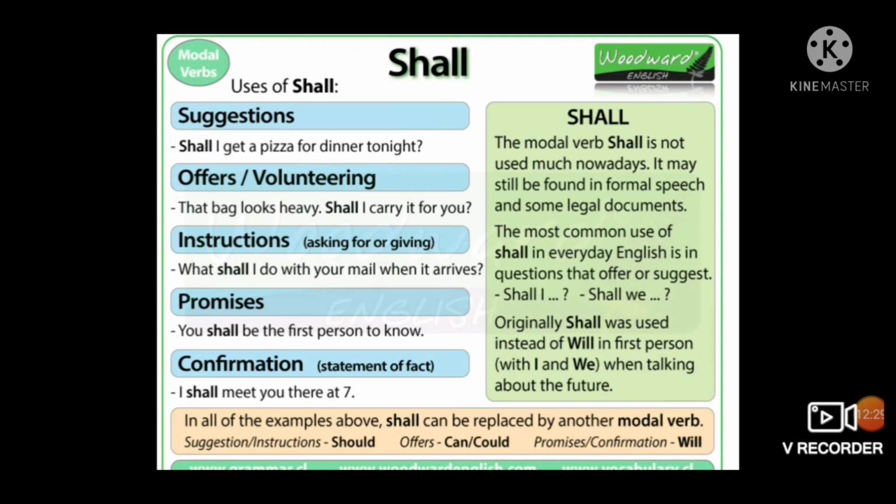Look at the box. Shall. The modal verb shall is not used much nowadays. Mostly we do not use it because we use will instead of shall. It may still be found in formal speech and some legal documents.